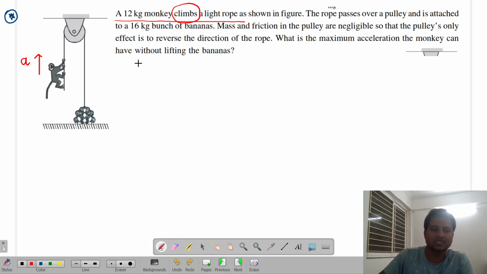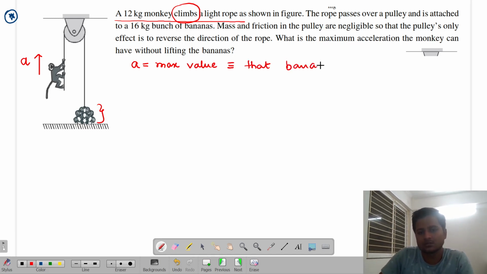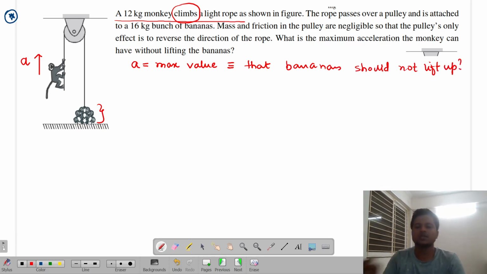This A should be my maximum value in such a way that the bananas which are kept over here should not lift up. That's your question. Yes, it's a question which usually comes in your exams.